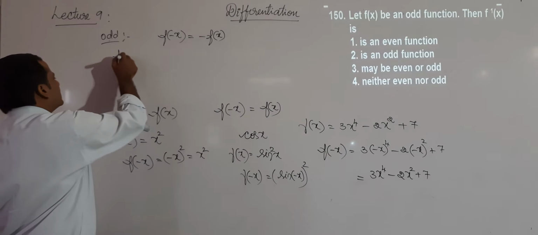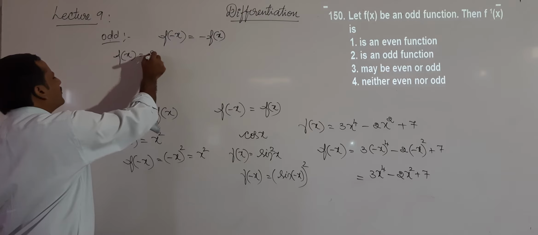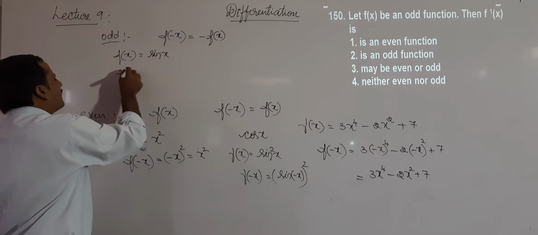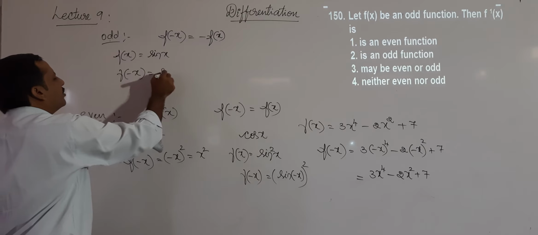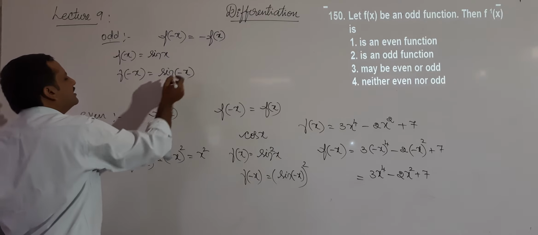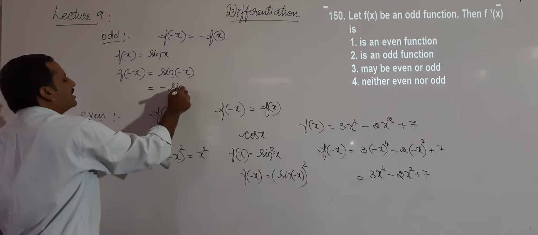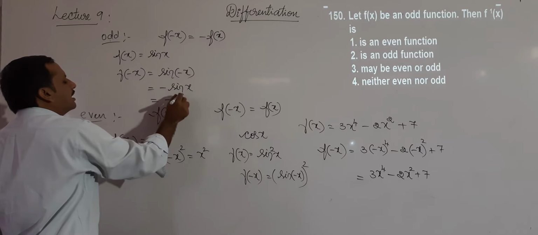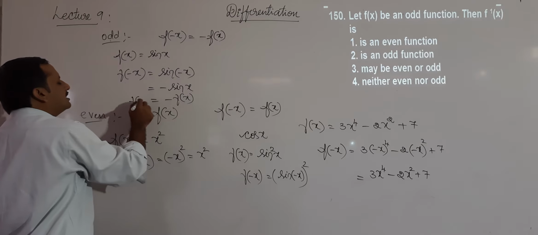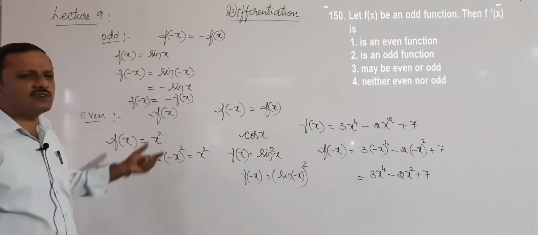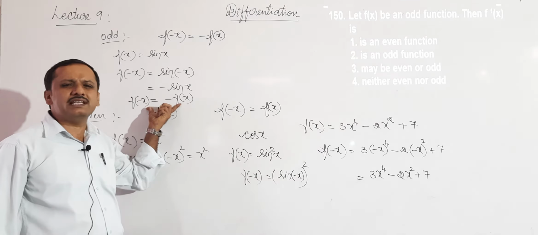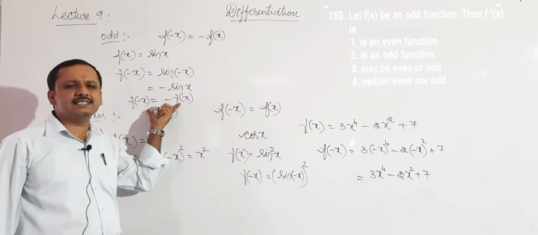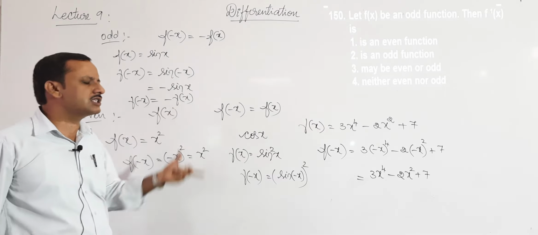For example, sin x. Sin x is an odd function since f of minus x will be equal to sin of minus x. Sin of minus x is nothing but minus sin x. So I can write this as minus f of x. As we can observe here, f of minus x is equal to minus f of x. So this is an example for odd function.